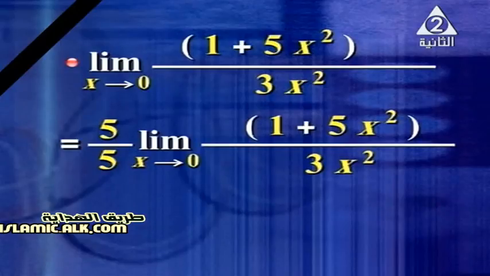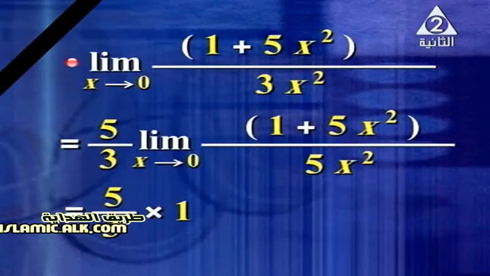Then the fraction is 5 over 3 times the limit when x tends to 0 of 1 plus 5x squared, all to the power of 1 over 5x squared. The limit is e, so the answer is 5 over 3 times ln e, which equals 5 over 3.